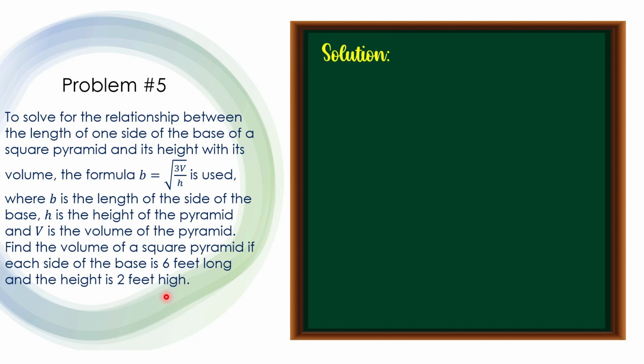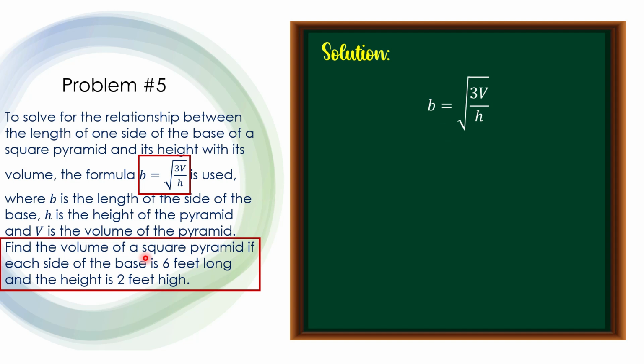So for our solution, the same with what we did in problem number 4, we will simply use the formula b is equal to the square root of 3V over h in finding the volume of the square pyramid given the base and the height.